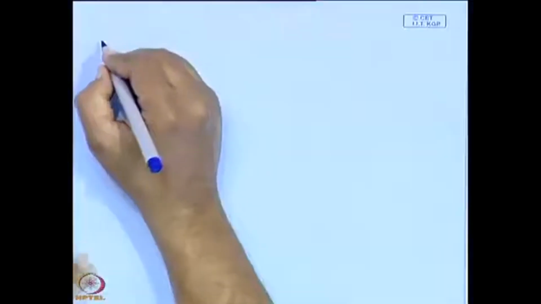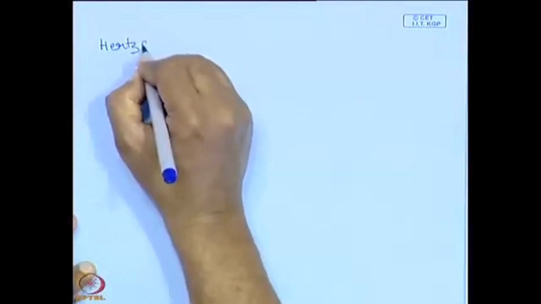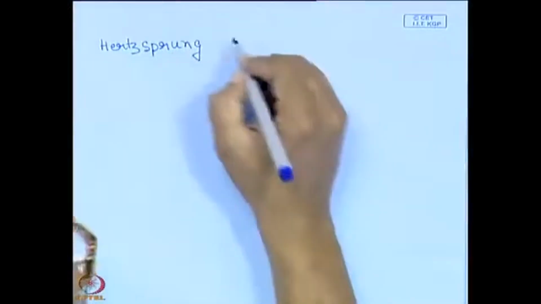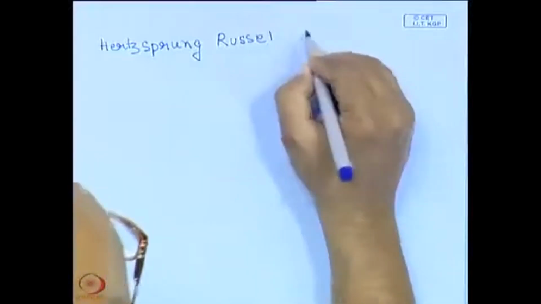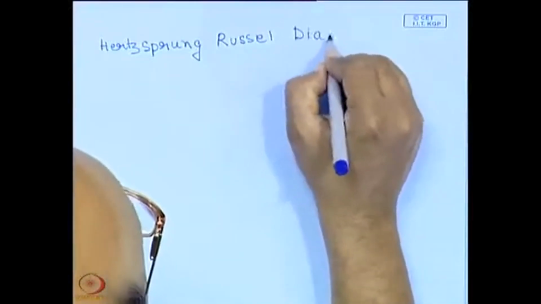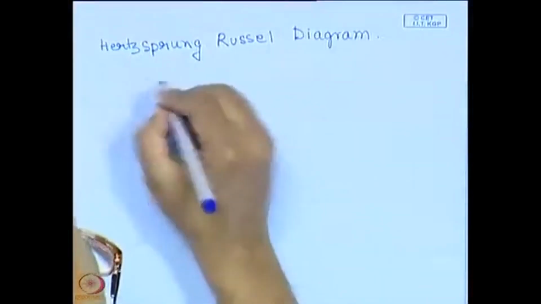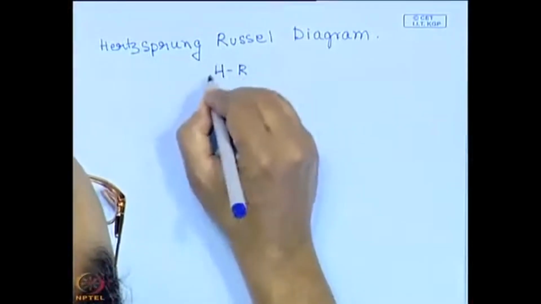Now, let me introduce the HR diagram. This is called the Hertzsprung Russell diagram, referred to as the HR diagram.